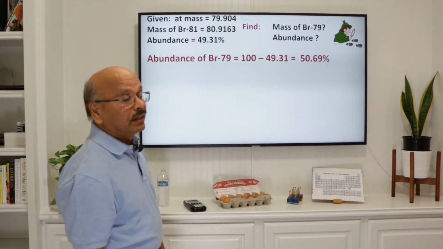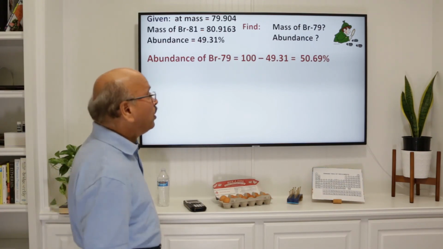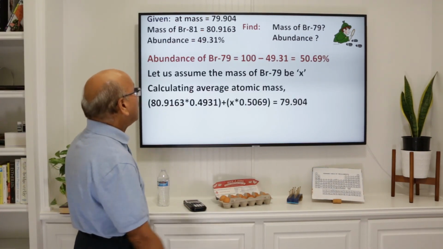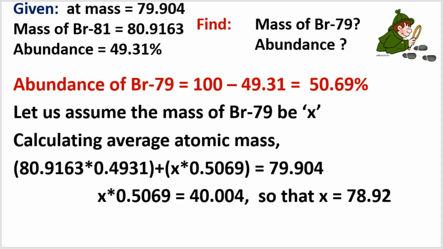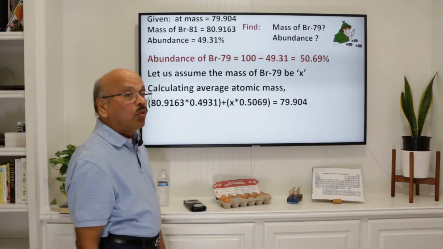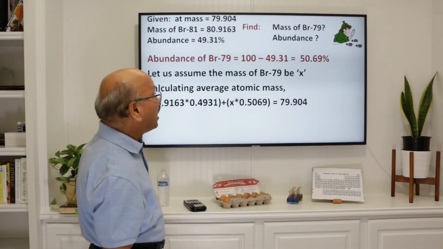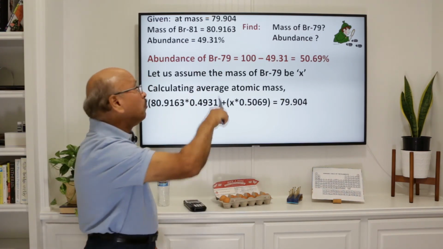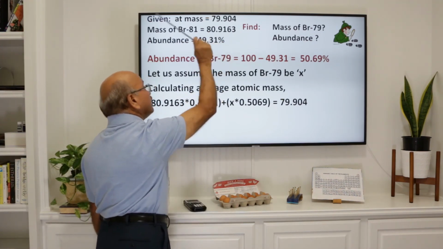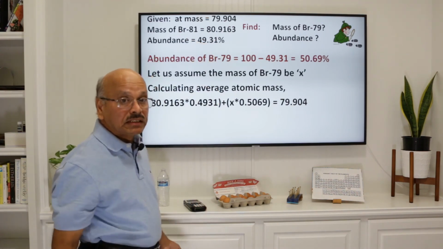Now, what's the next thing? Let's do the algebraic way of calculating the average. Let us assume the mass of bromine 79 is X. Then calculating the average atomic mass. So how will you find out the average atomic mass? You convert the percentage into fraction. Multiply each fraction with the isotopic mass. Add them together. That's the idea.